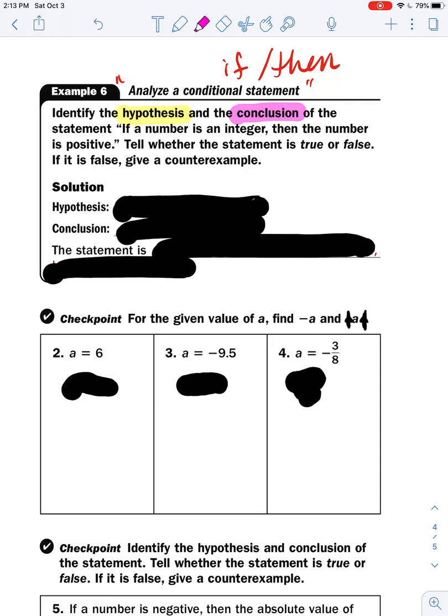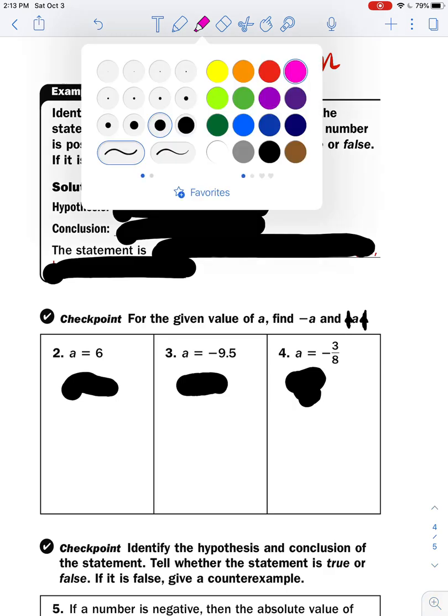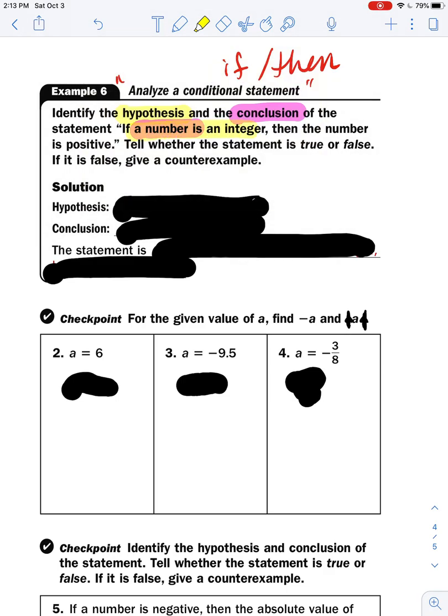If a number is an integer, then the number is positive. Your hypothesis is always the if part. So that would be, for us, a number is an integer. So if a number is an integer, then our conclusion would be, the number is positive.